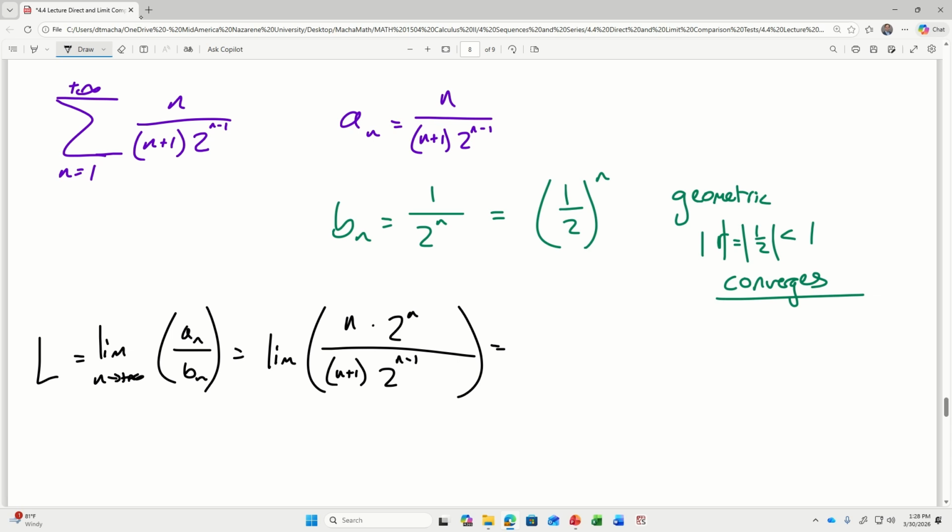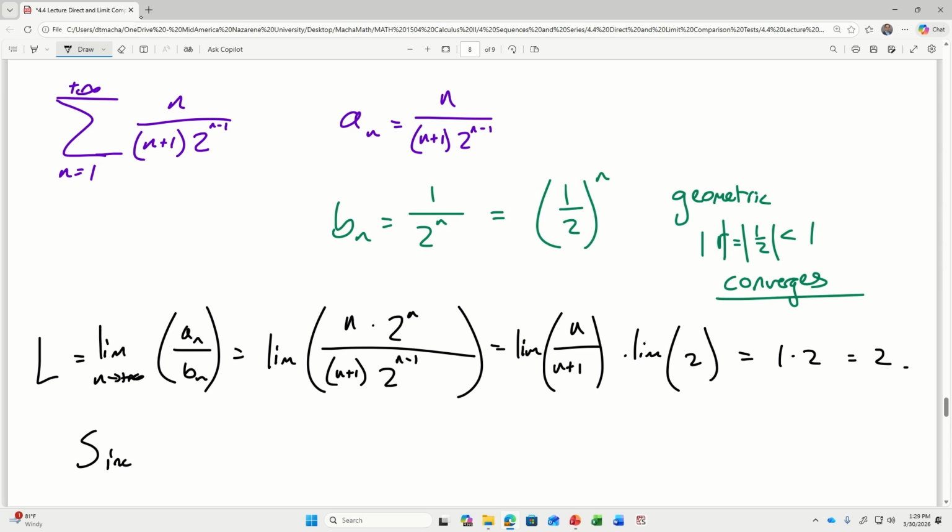In the limit, this is going to be n over n plus 1, and the limit of 2 to the power n divided by 2 to the power n minus 1 is just 2. And so that's 1 times 2, that's 2. So since L equals 2, my original series that we care about converges according to the limit comparison test.